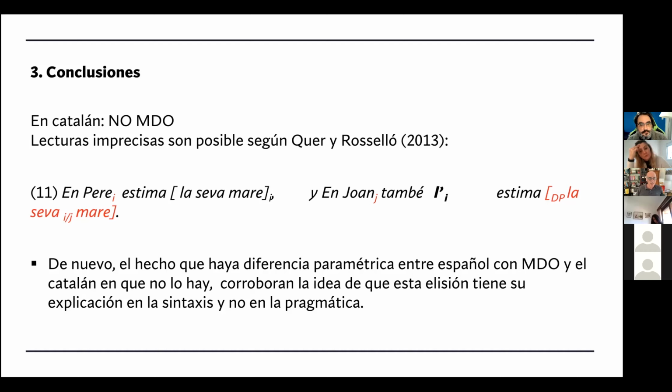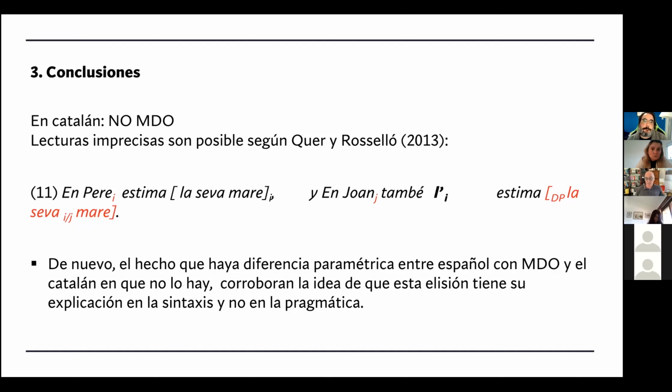Sabemos que el catalán, contrariamente al español, no tiene un uso extendido del marcado diferencial de objeto, y los casos que Kerr y Rosselló utilizan para demostrar que es posible la lectura imprecisa con clíticos son casos en los que utilizan objetos animados, como en 11, 'en Pere estima la seva mare, en Joan també l'estima', donde la seva mare puede referirse tanto a la de Pere como a la de Joan.